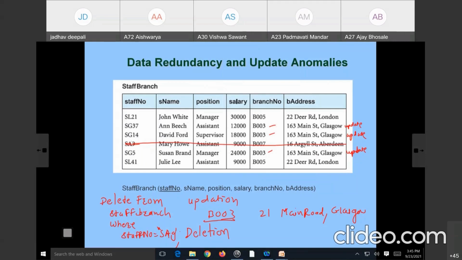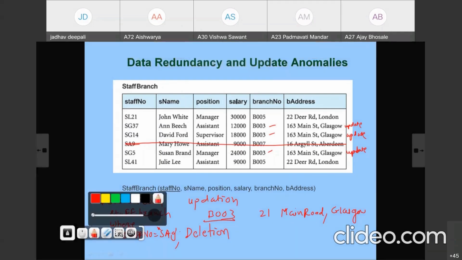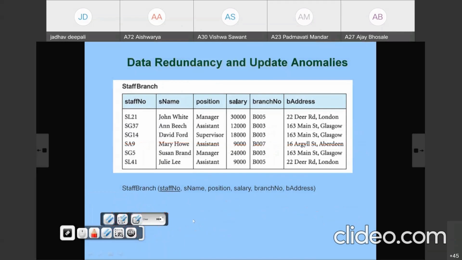And that's why if I delete this entire tuple, the information related to the branch also gets deleted, we lose that information. So in this way, the anomalies are there: insertion, updation, and deletion anomaly.